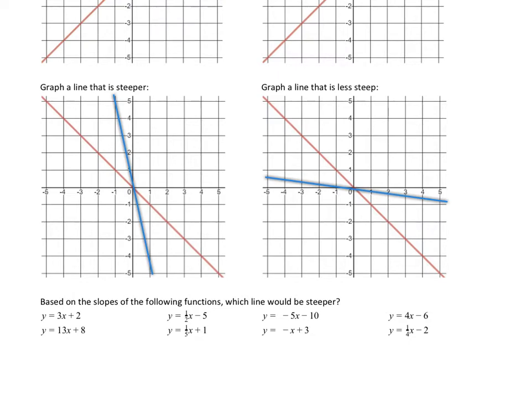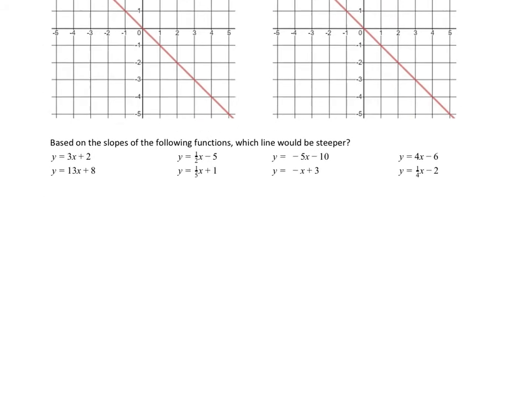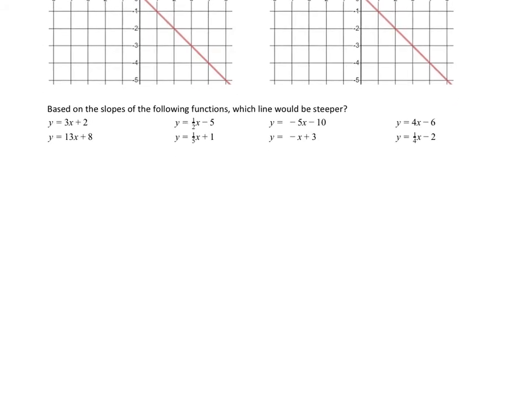So one of the questions you might be asked is to determine which line is less steep or which line is steeper, like these questions down here. We can probably tell these answers by the slopes themselves. Remember, the bigger the slope, the steeper the line. So between y equals 3x plus 2 and y equals 13x plus 8, 13 is a bigger slope.